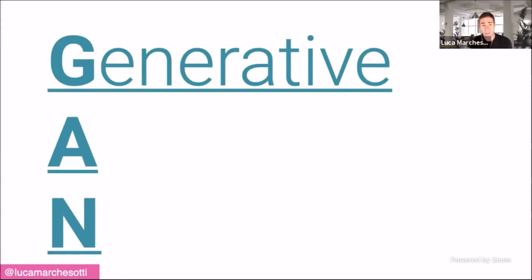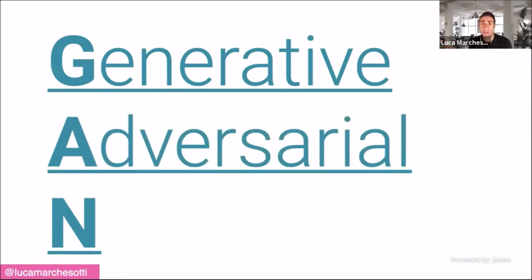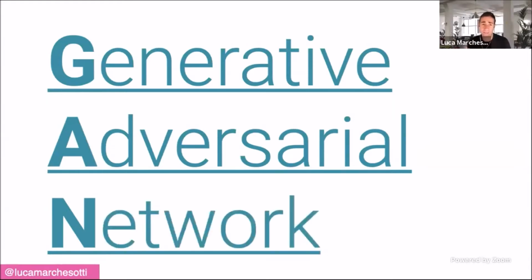Now, the adversarial part: we train two different models in a zero-sum game. I will explain later what that means, but the intuition is very simple. There is one model that has to fool the other. Let's look at the last part, which is the network part.